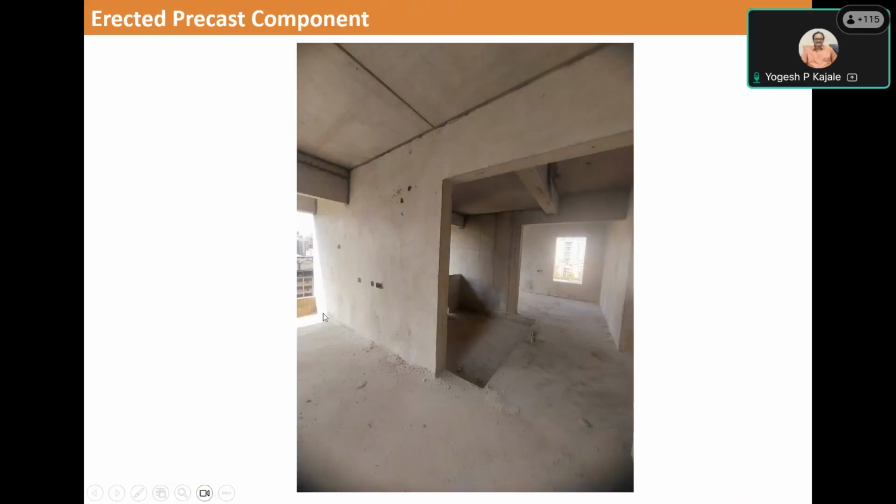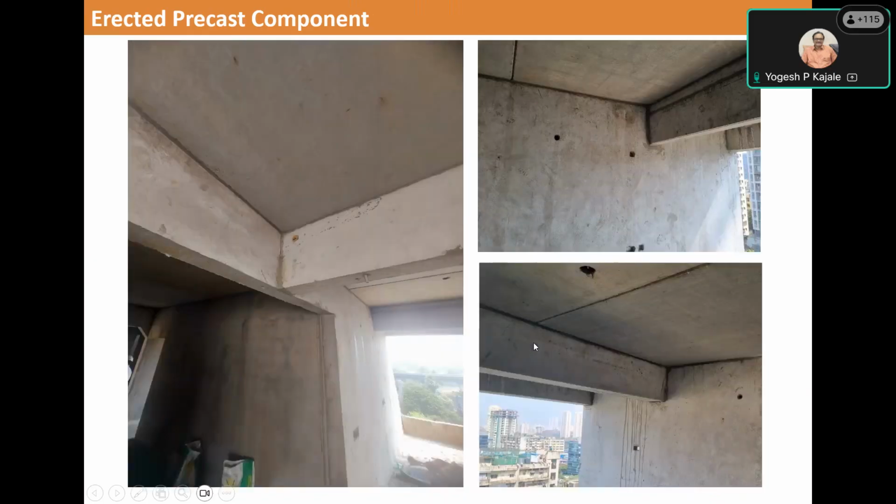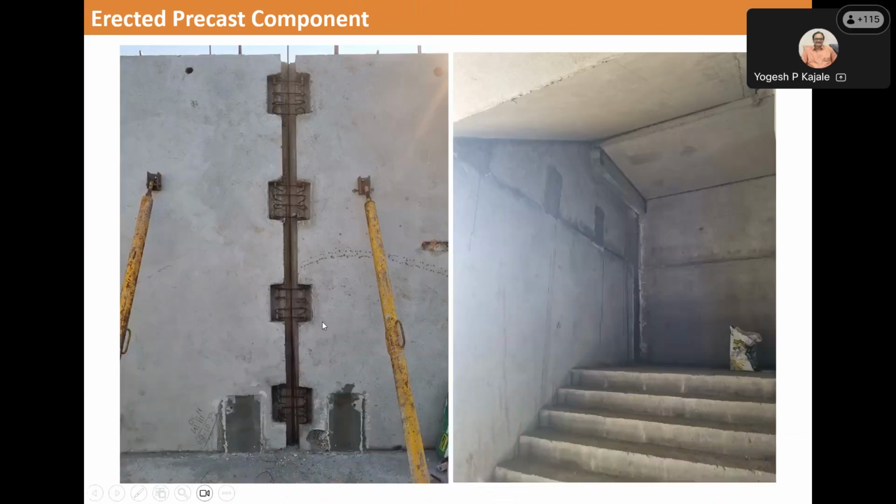After the in situ stitching and jointing, you see a very seamless construction happening. This is a wall. On the left side, you will see the wall to wall joint. The reinforcement gets anchored from one element to the other element, and the joint is filled with a regular stitching concrete.